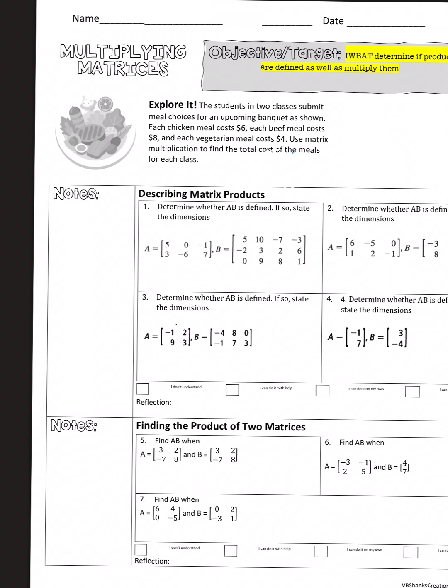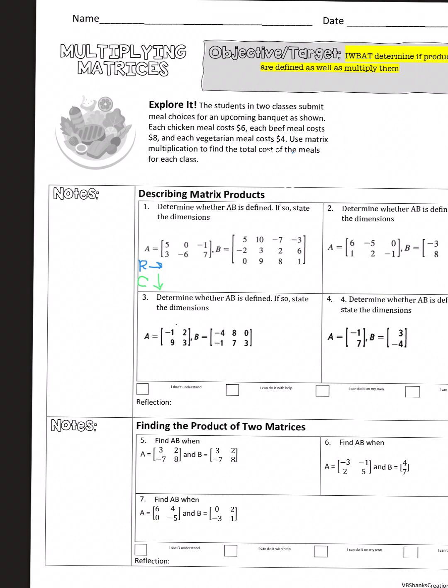Let's write that down. The rows go across. And our columns go up and down.